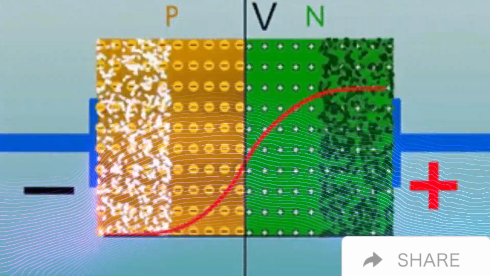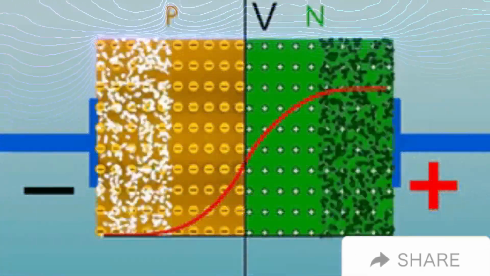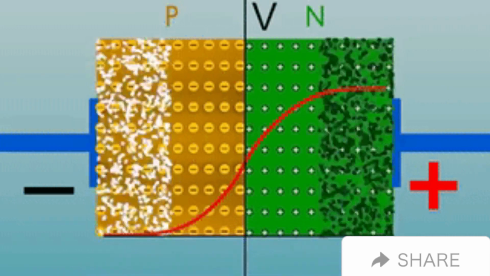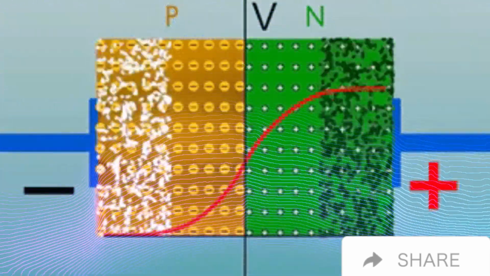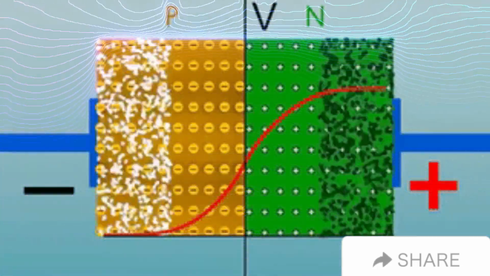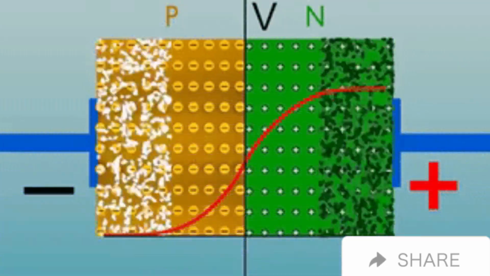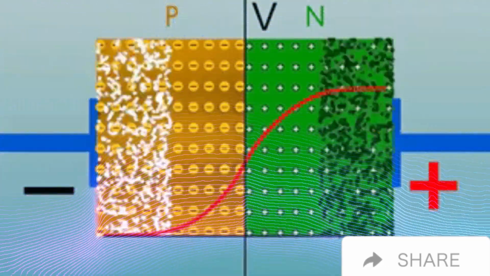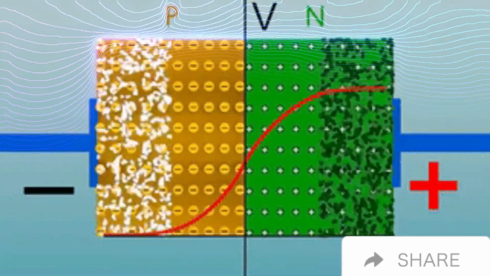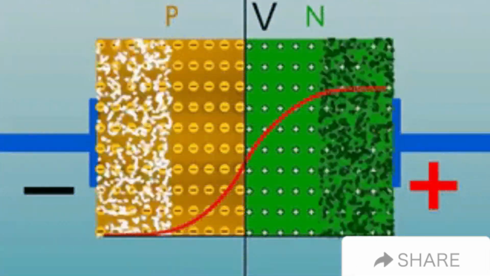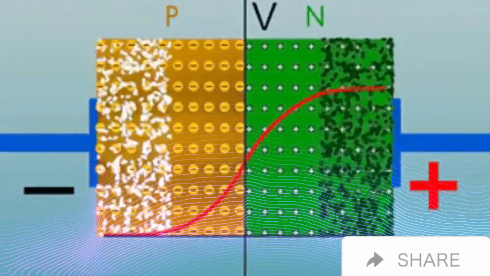Diode logic circuits: they are used to implement basic logic functions such as OR, AND, and NOT gates. We're going to discuss these gates in a future video.